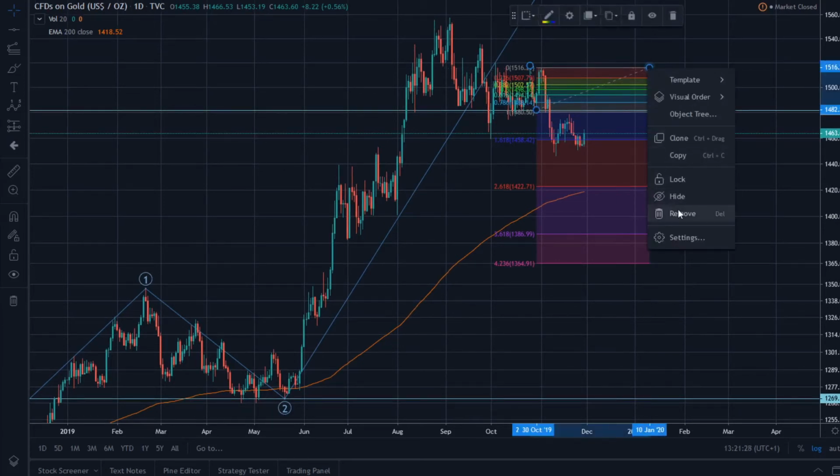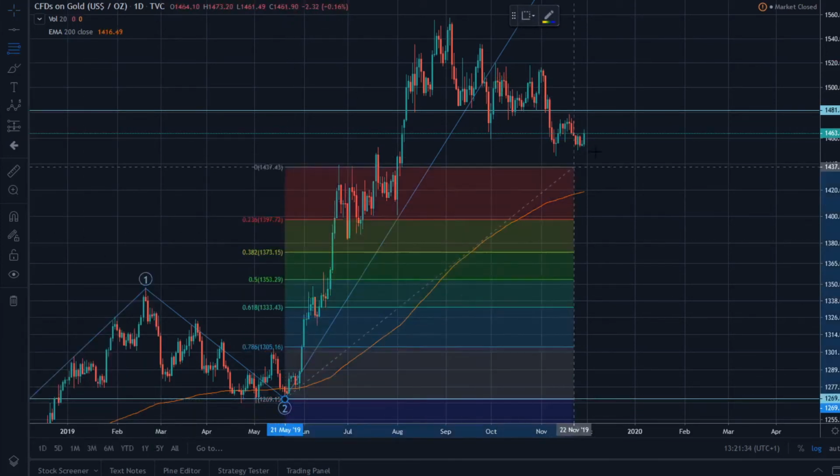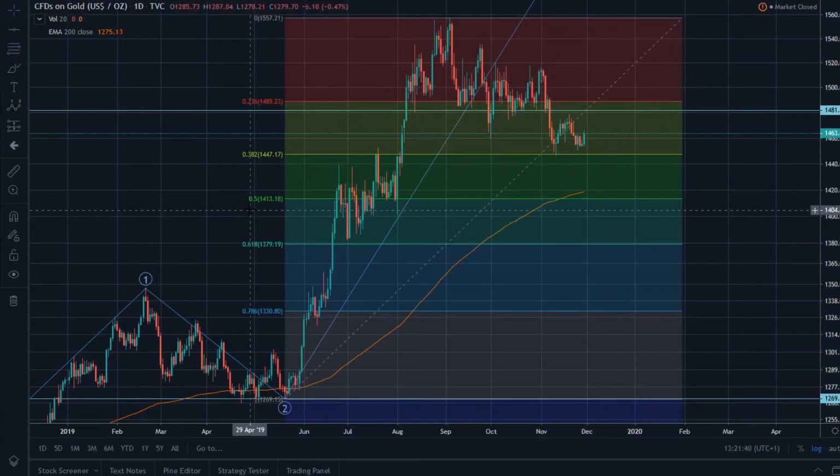And yeah, especially if we look at the FIB retracements, start down here, move up. Okay, so yeah, we pretty much have this 0.5 retracement at $1,413.